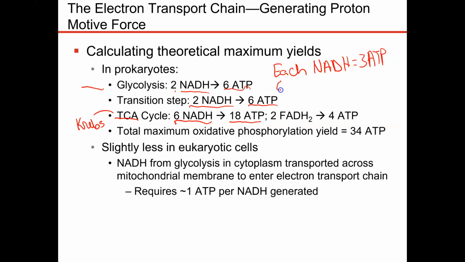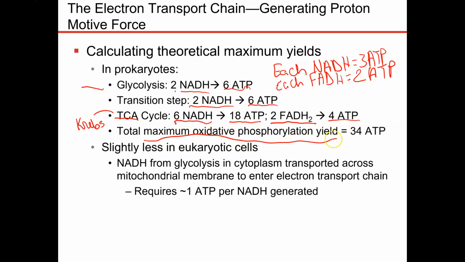For each FADH, we gain 2 ATP. So because we produce a total of 2 FADH, 2 times 2 is 4, so we get 4 ATP. So if we look and add these up, we get 6 plus 6 is 12, plus 18 is 30, plus 4 is 34 ATP.